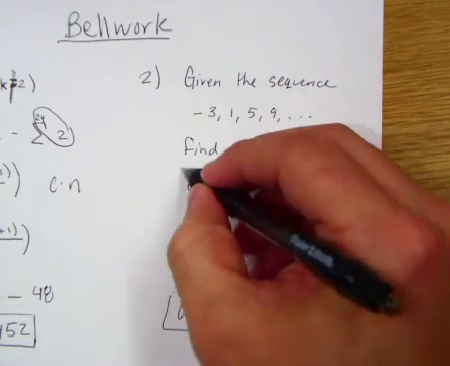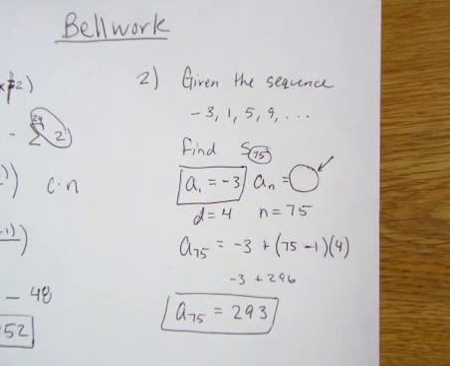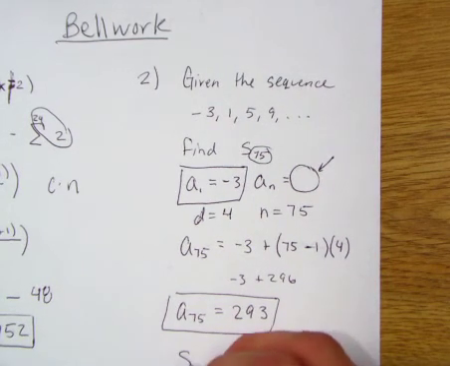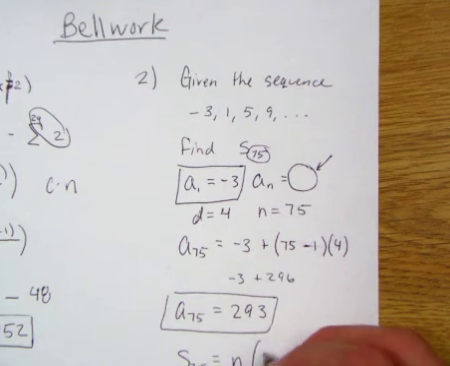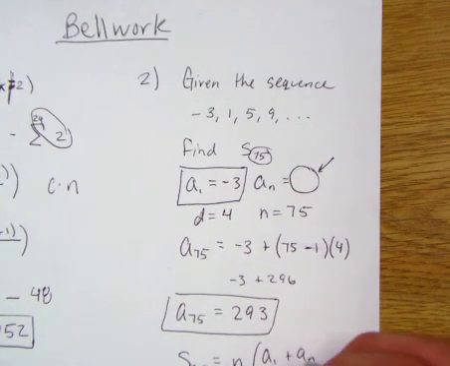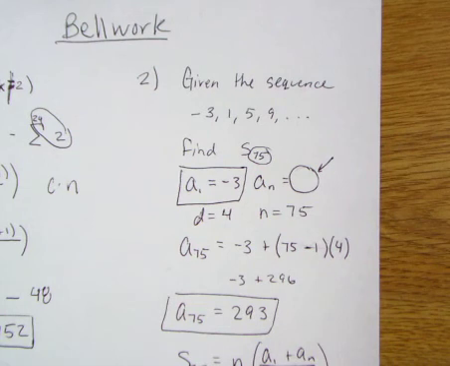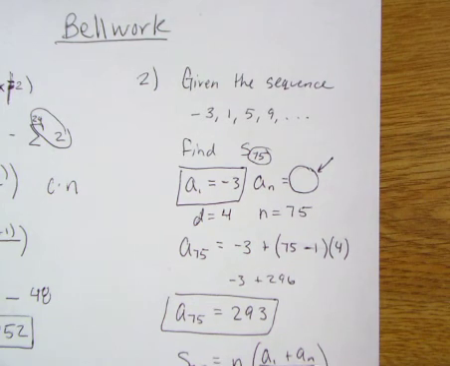So now I have the first term and the last term, and I can use the summation formula. The summation formula, or S of 75, it's on the board, but it's n times the first term, A sub 1, plus the last term, A sub n, divided by 2. n is the same n that's here, so it's 75. First term is negative 3 plus the last term, which is 293, over 2.